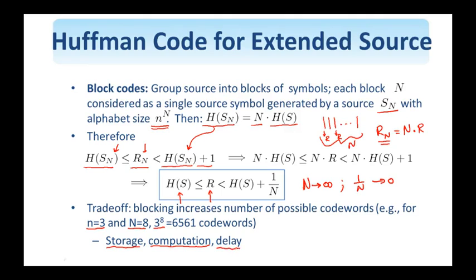And there is a delay also, because I decode 8 in this particular example, and in general n symbols at a time instead of 1 symbol at a time. So let's see some examples of what is achieved when the source is extended, and cases for which the extension works with small n, and cases for which it does not work right away.